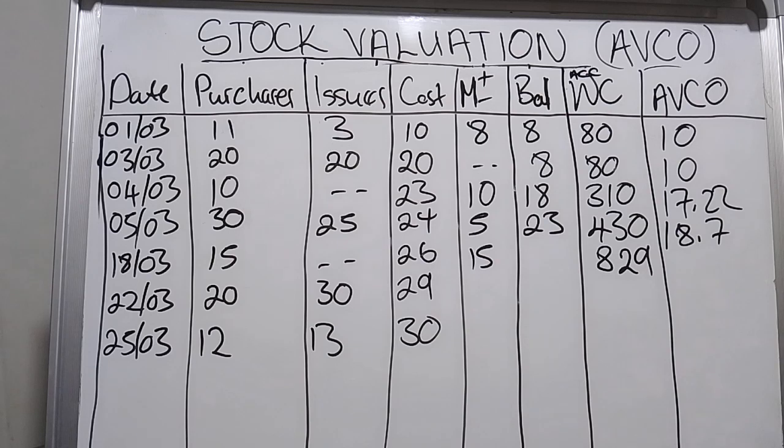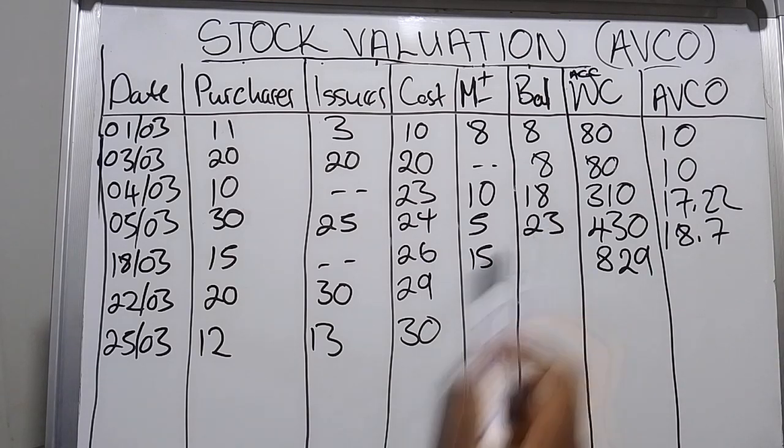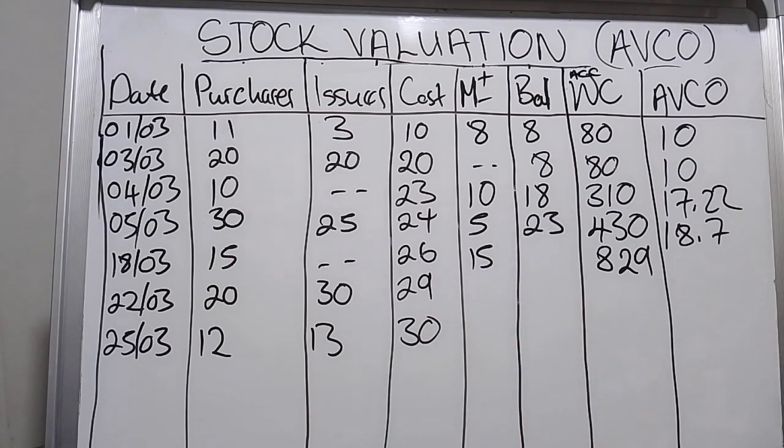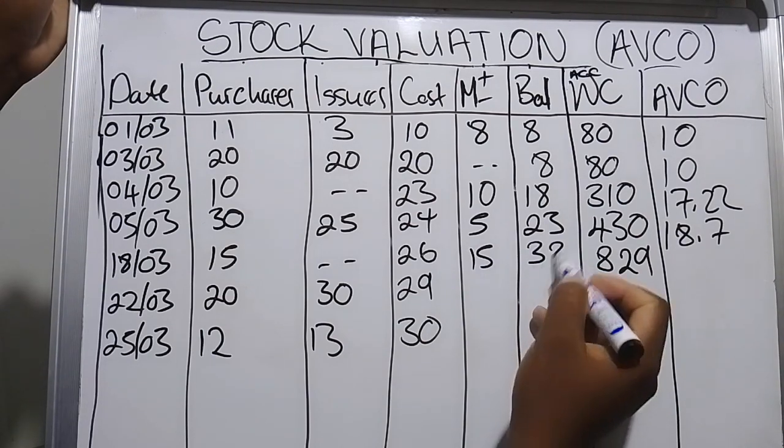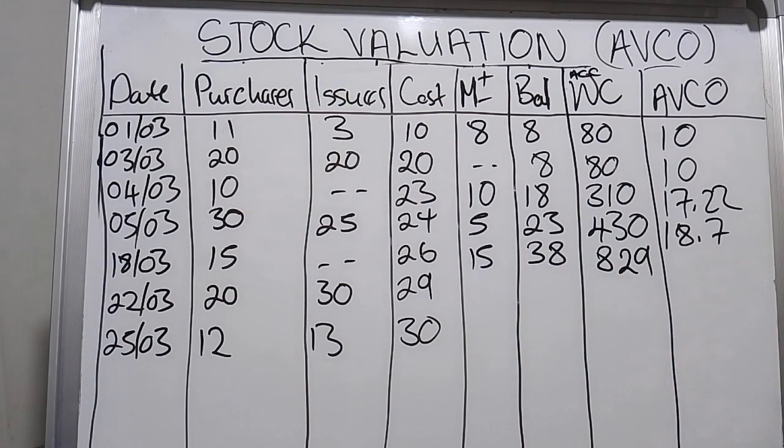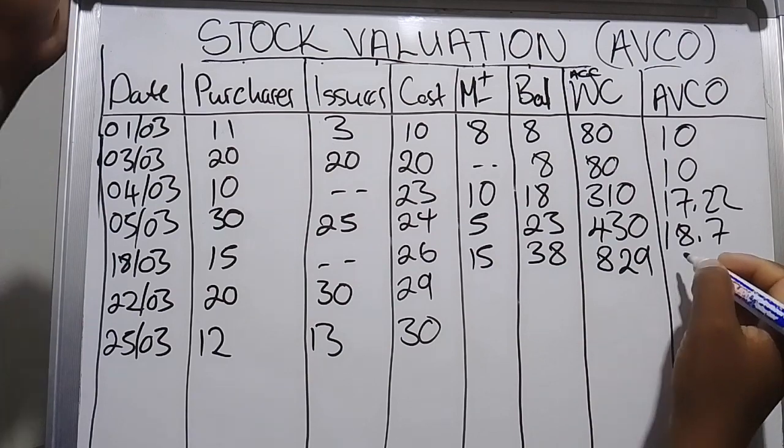Then our stocks, we had 23. If we add 15 and 23, we come up with 38. Then we calculate our new average cost, which will be 829 divided by 38. Then we come up with 21.82.